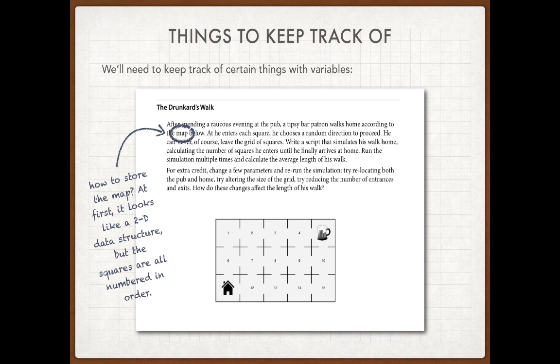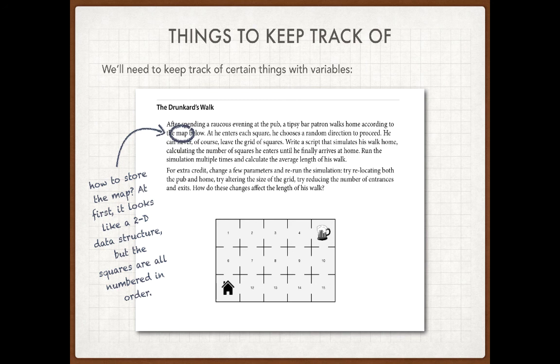And so for me, when I'm programming, if I get really complicated code, I start to rethink my decisions about data structures. Now, in this one, it looks like it's a 2D data structure. We might want to think of it as a matrix maybe, but there's a hint here, which is that all the squares are sequentially numbered, 1 to 15.